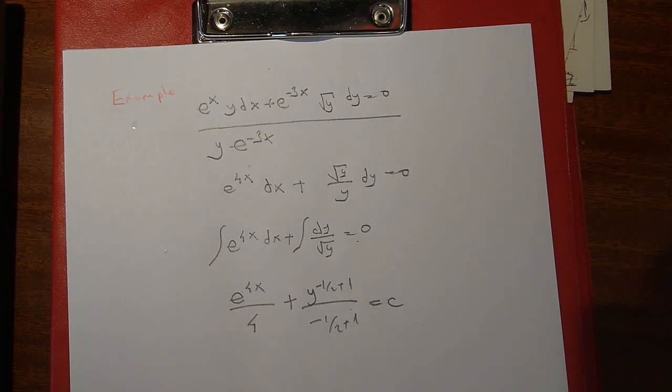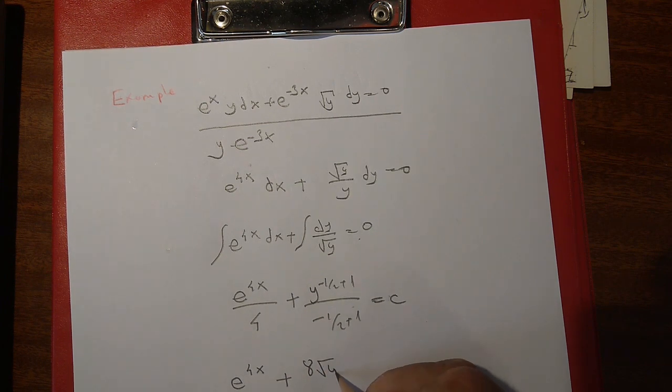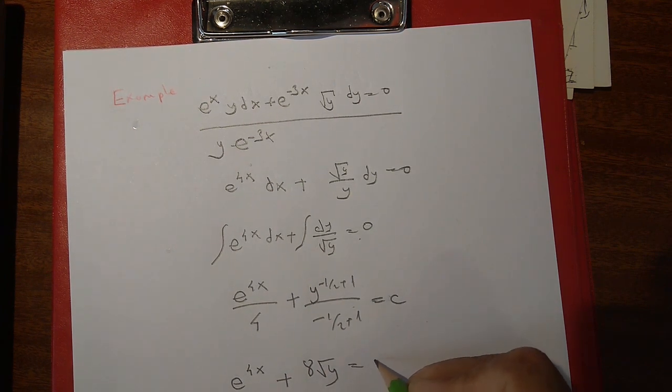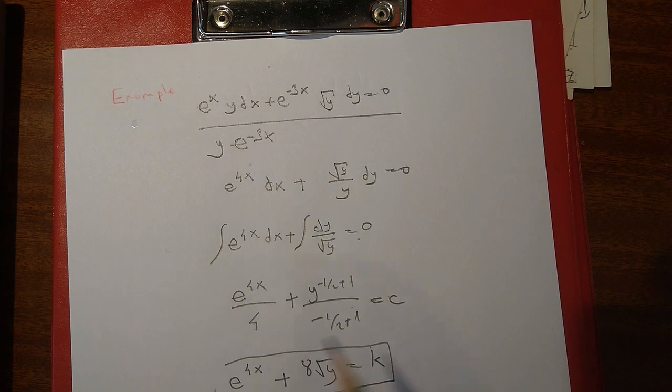So let's multiply both sides by 4. Another constant, 4 times c, let's call this another constant k. So this is the general solution, right? General solution to the differential equation.